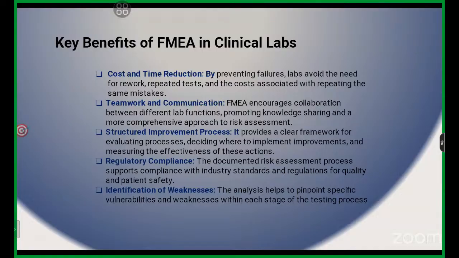Now we need to ask ourselves, between FMEA and quality control, which one came first? Because quality control and calibrations are there, and we cannot separate them from FMEA. Maybe one led to another.